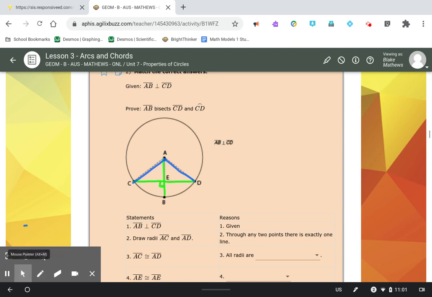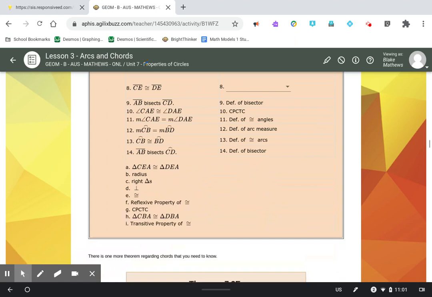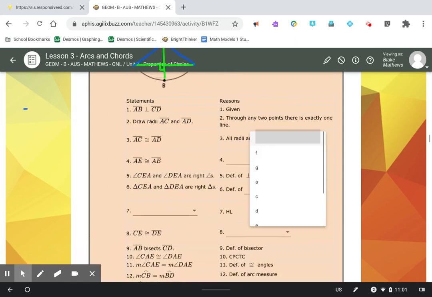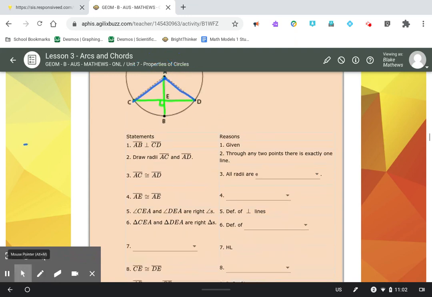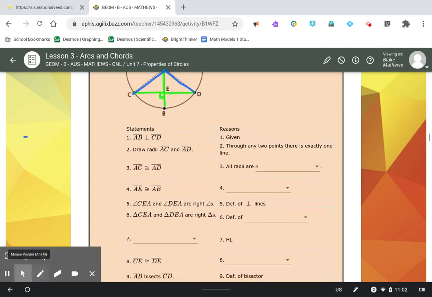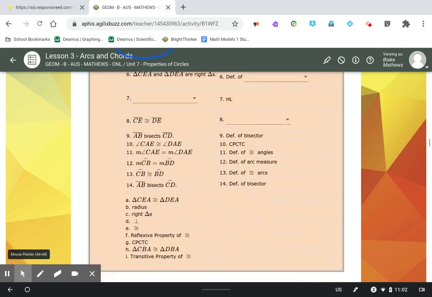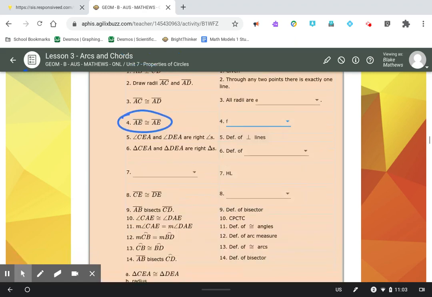We know that because they're both radii, and all radii are congruent. So we come down and find it, and it's answer choice E. All radii are congruent. Then it says AE is congruent to AE. Well, remember, we've talked about this before. Anytime we have a statement that is something congruent to itself, we're using the reflexive property. So we're going to find that, and sure enough, there it is in answer choice F.